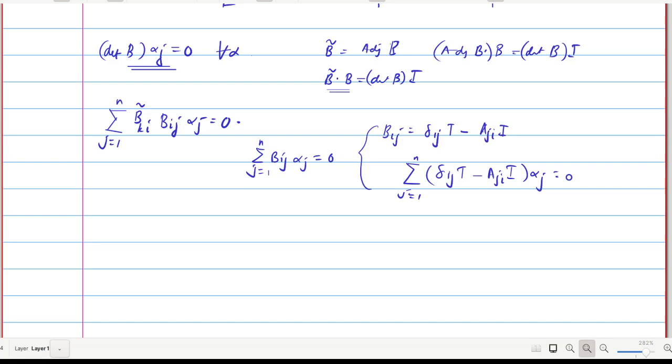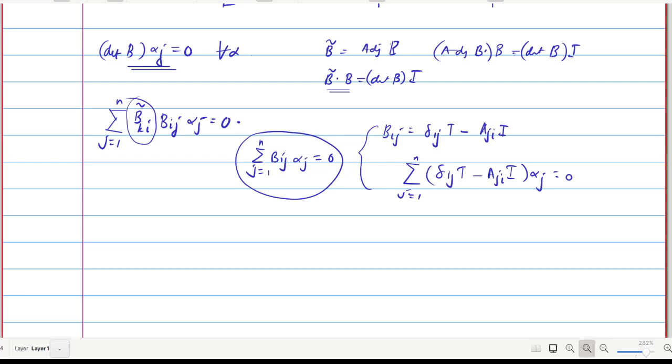Okay, once you have this result b_ij alpha j is equal to 0, then you can easily write this quantity is equal to 0, because this quantity is independent of j, that can be taken out. So when this is equal to 0, when you multiply this with b_ki tilde, then you have b_ki tilde times this quantity equal to 0, consequently this will be 0.